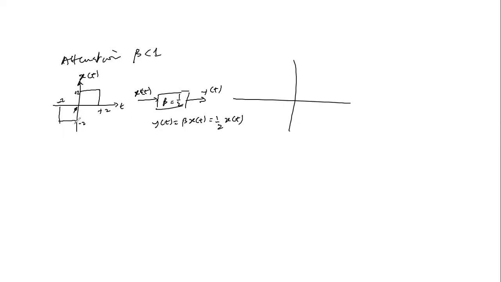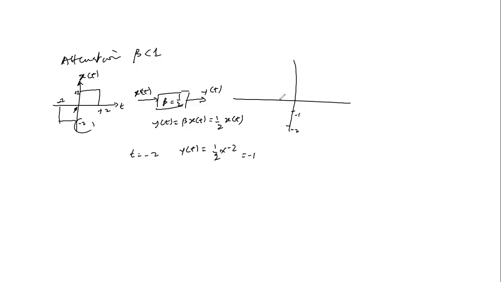So at t equal to -2, the amplitude is -2. So y of t here will be 1 over 2 times -2, so that will give us -1. So if this is -1, then this is 2, this is -2.